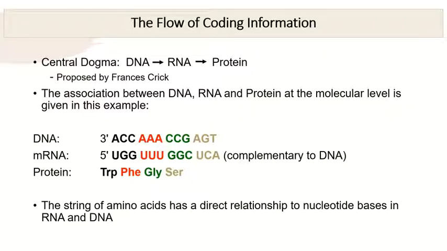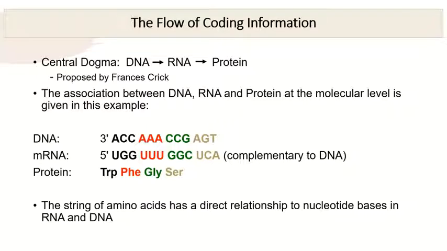Central dogma is basically how you have the DNA and then later produce RNA and later produce protein. And the association between DNA, RNA and protein at the molecular level can be shown in this example, where you have the DNA template starting with ACC, AAA, CCG and AGT.